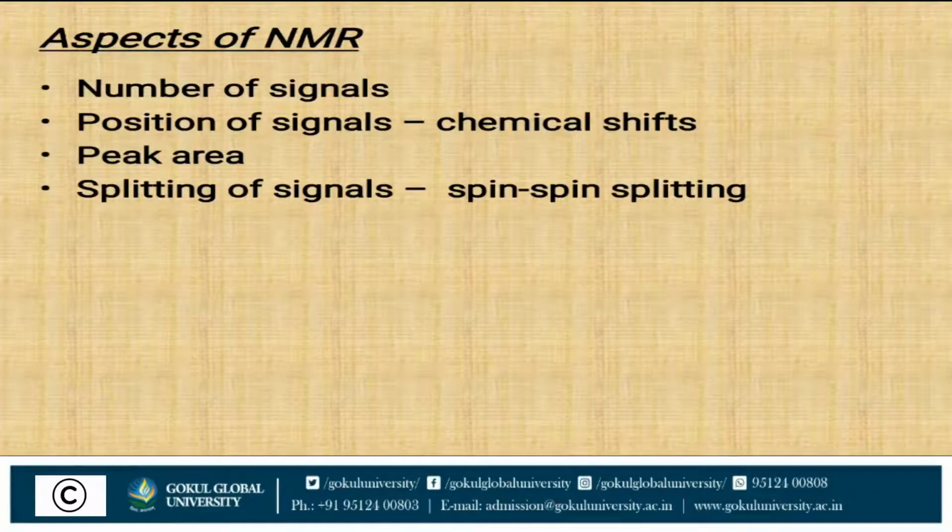First question: what are the aspects of NMR? First is the number of signals, which we determine by 1H NMR spectroscopy. Second is the position of signals, which is the chemical shift. Then the other is peak area.